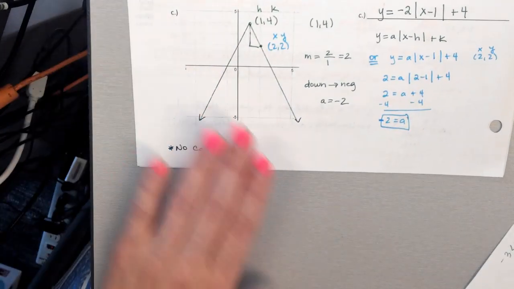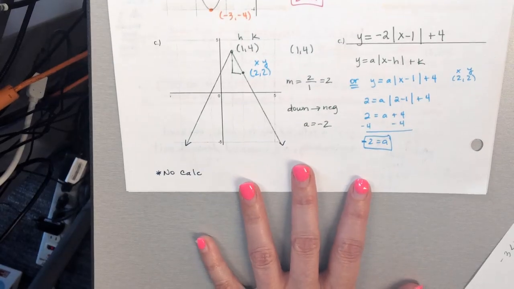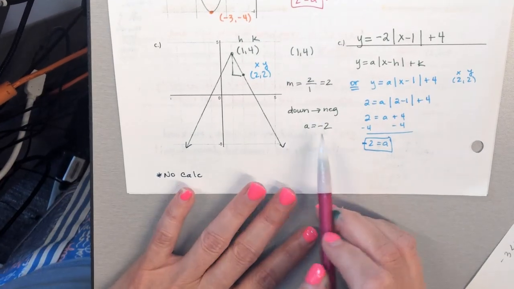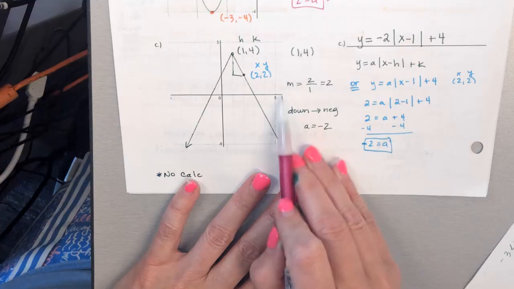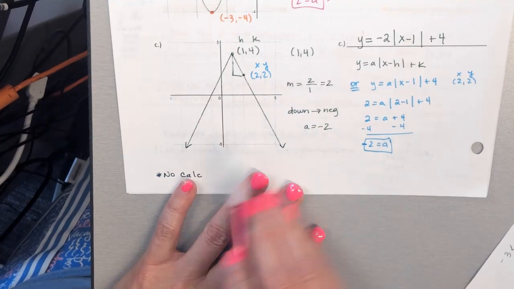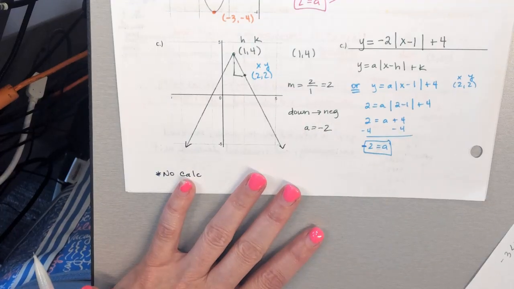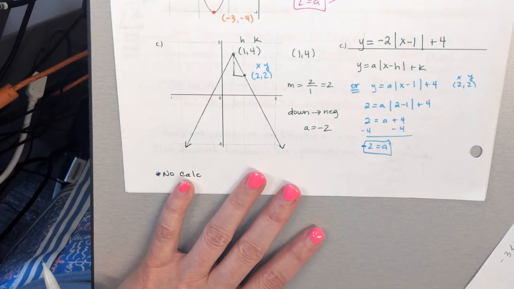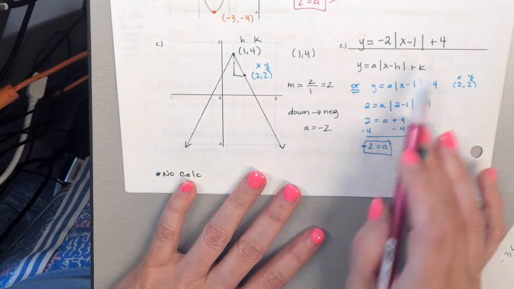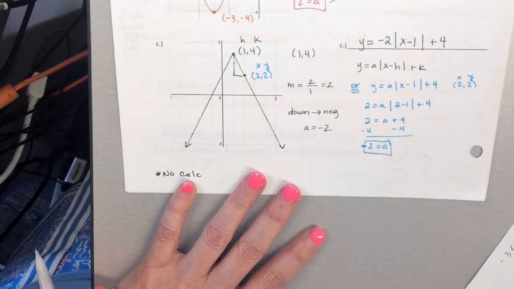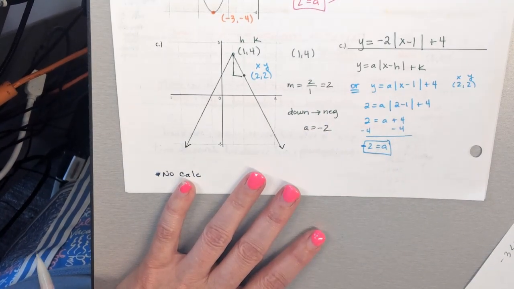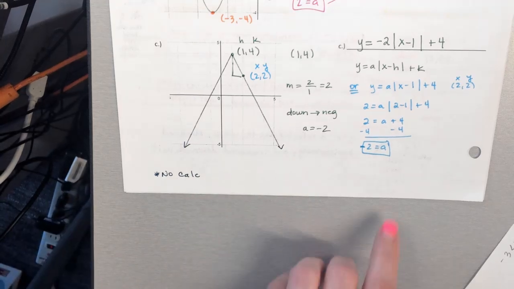Okay? And then for C, you do have your rise over your run. So your work can be as simple as showing your slope is 2. And then if it's going down, it will be a -2. Okay, so there's very minimal work to show for that. Okay, B is the main one I want to see your work for.